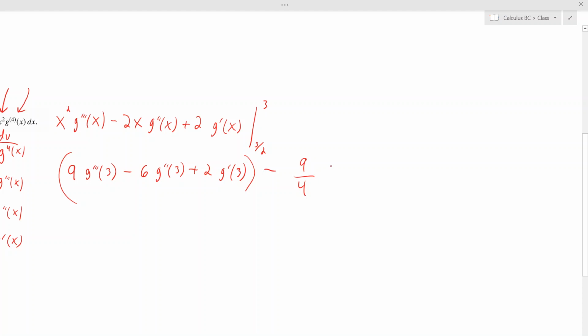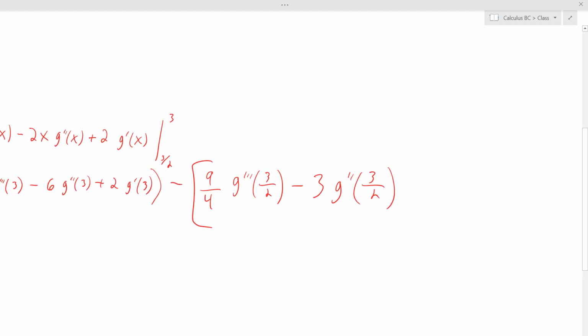And then we need g triple prime of 3/2. We're subtracting all this. Minus 2 times that 3/2 is a 3. Then we need g double prime of 3/2 plus 2 times g prime of 3/2.